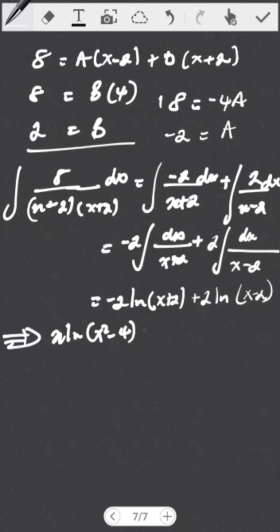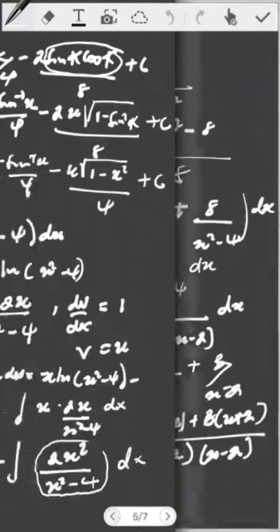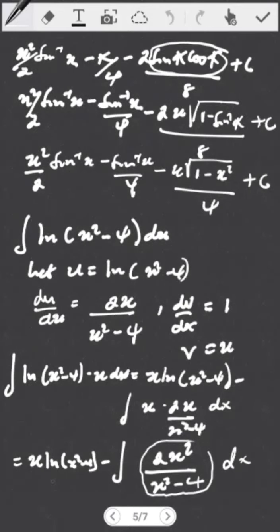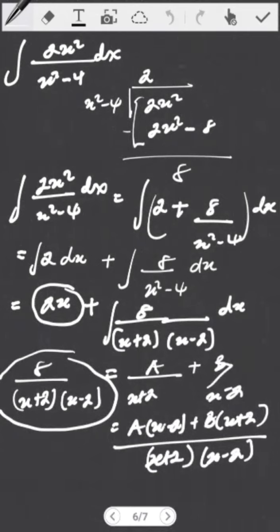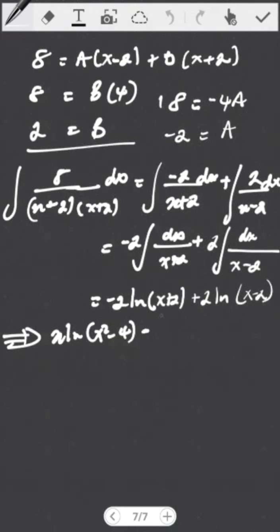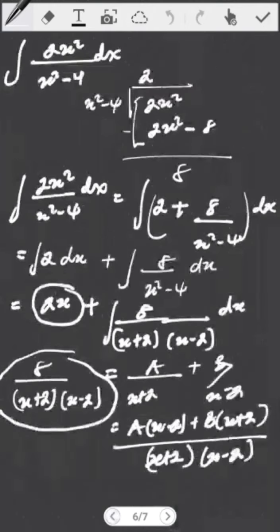We're having a minus. Then when we worked out this, we came up and got a 2x, and therefore we put it in the bracket.